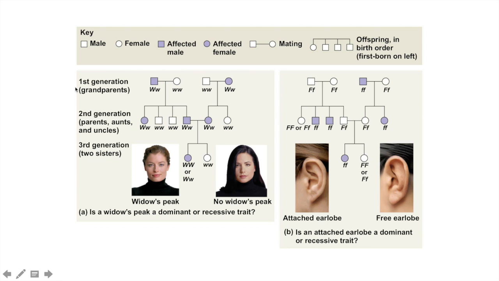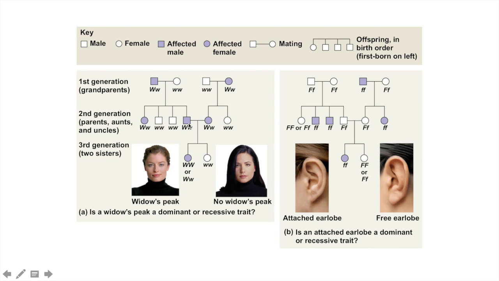Here we've got the first generation, which are the grandparents. So here you can see an affected male who has whatever condition we're talking about, and an unaffected female, an unaffected male, and an affected female. All right, so in this family, second generation.